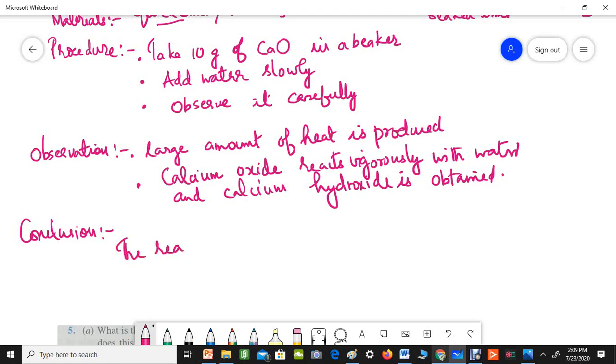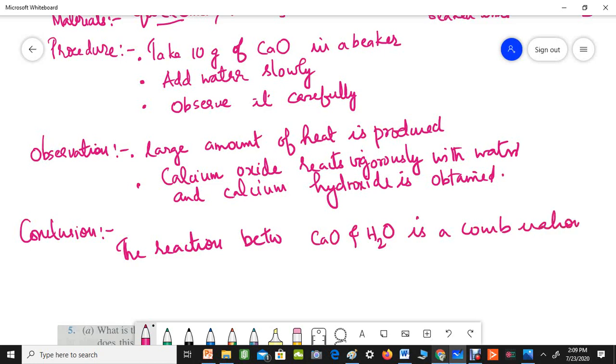The reaction between calcium oxide and water is a combination reaction and it is an exothermic process.